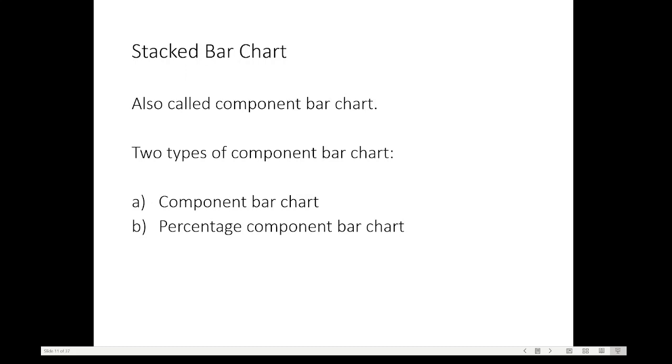But for the percentage component bar chart, the height of the bars will be the same throughout the categories. Okay, ketinggian untuk percentage bar chart dia, dia punya ketinggian mesti sama saja bagi setiap kategori. So kita akan tengok yang tu. And again, for this one, it comes from the contingency table with two or more variables involved. Okay.